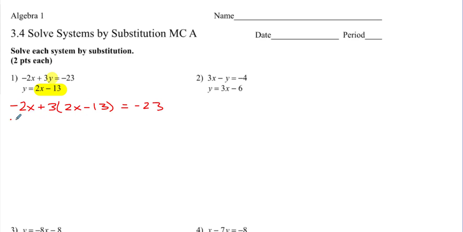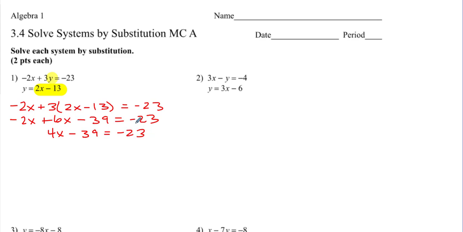Now I just solve. 3 times 2x is 6x, 3 times negative 13 is negative 39, equals negative 23. Combine these like terms, you get positive 6x minus 2x, that is a 4x, minus 39 equals negative 23.